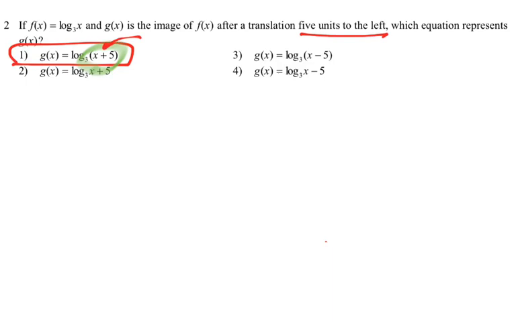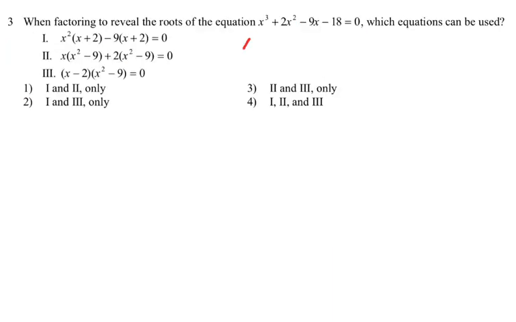Alright, let's move on to the next problem. When factoring the given expression right over here, which equation can be used? Now, first we're going to factor out x squared from the first two terms, and then we're going to factor out -9 from the second two terms.